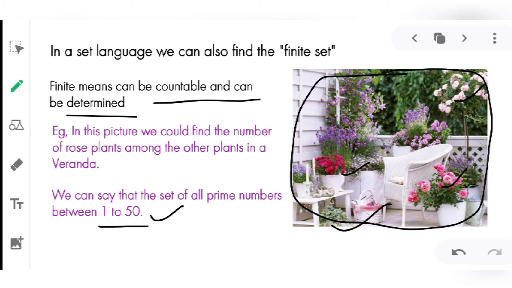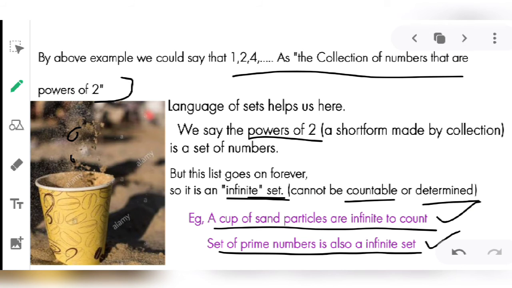Considering the prime numbers between 1 and 50 as a set A, we can denote it as: set A contains the prime numbers which are between 1 and 50. We can explain and describe it. So such things are called finite sets, and you can clearly note the infinite sets.